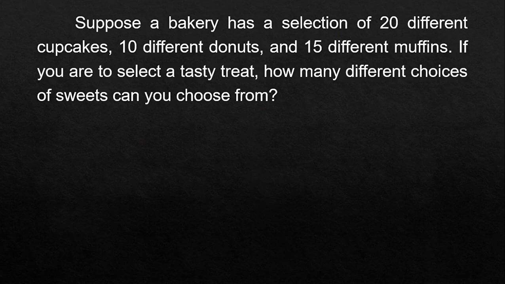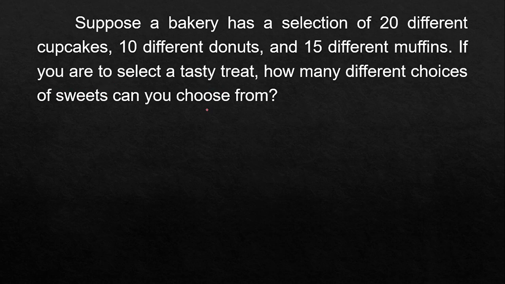Just like this one, you need to choose from these different cupcakes. We are not asked how many possible outcomes. You are just to choose from these different choices. How many can you choose from? You have 20 different cupcakes, 10 different donuts, and 15 different, I can't read that. You are to select a tasty treat.